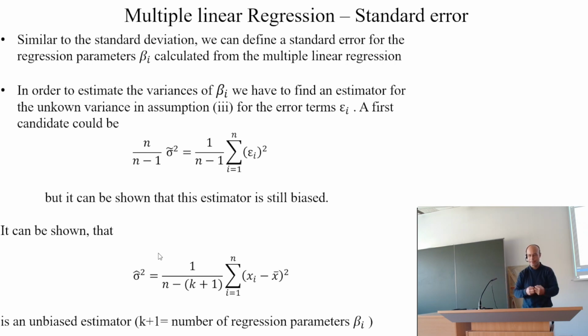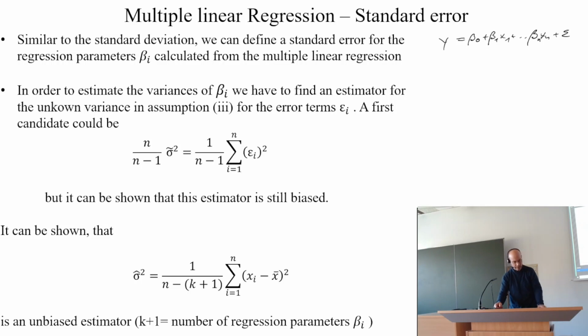Now let's go back to our multiple linear regression, to our ansatz where we say y equals beta 0 plus beta 1 x1 plus ... plus beta k xk plus an error.